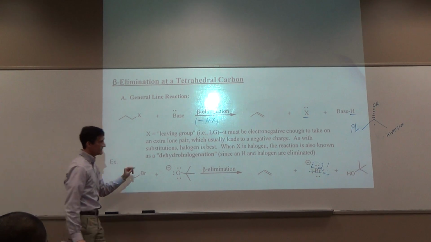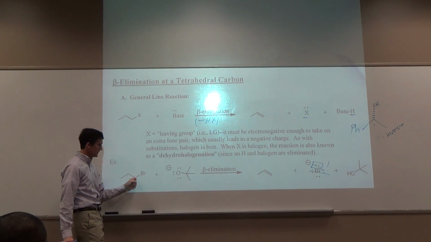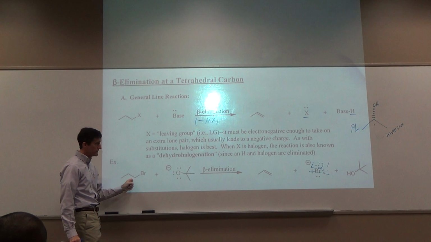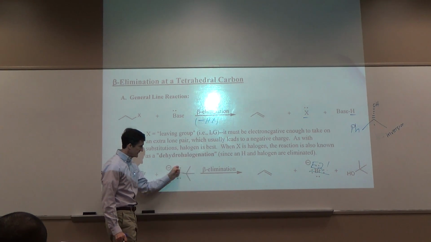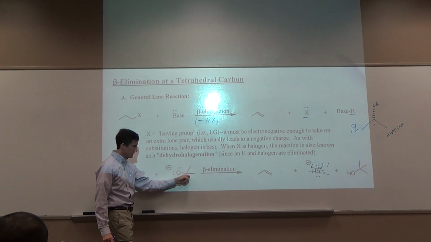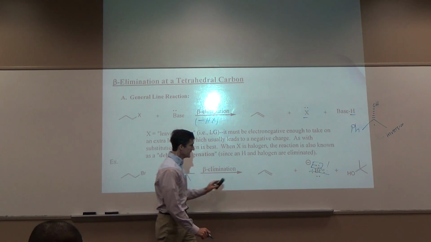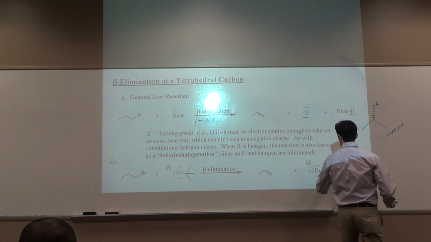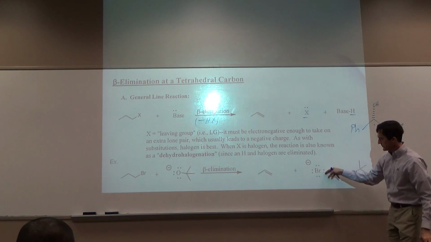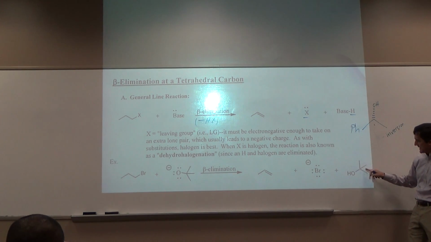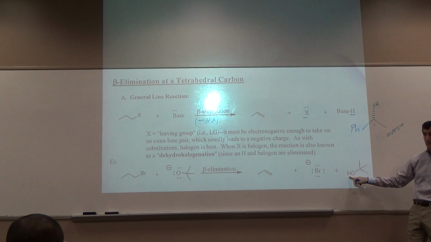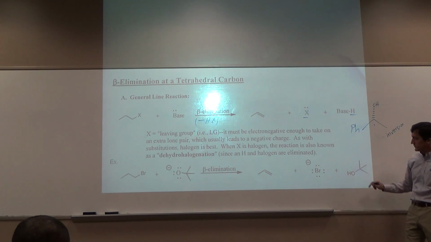Let's look at a specific example. We take this carbon with the bromine leaving group, this guy, which could act as a base, and we could get this alkene plus Br minus. The leaving group came off as Br minus, and now the base has the H. And this is now neutral.